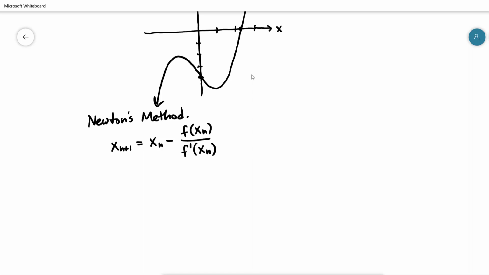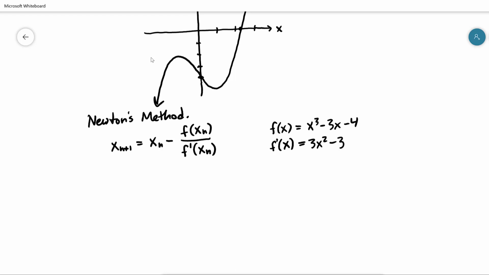So this is what tells me that I'm going to need both f itself and f prime. And so just to remind ourselves, f of x we just wrote down. It was x cubed minus 3x minus 4. And what is the derivative of that, f prime of x? Well, this term will become 3x squared, and this term will become a minus 3. So there's what the derivative looks like.